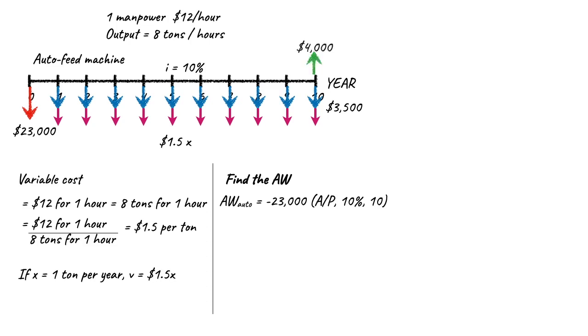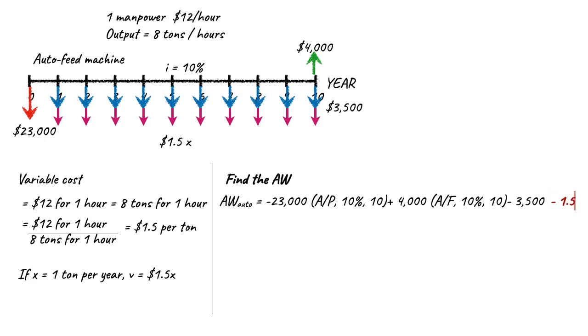If you want to convert the salvage value of $4,000, we have to multiply it using the A/F factor. The interest rate is 10% and the duration is 10 years. Then we have the $3,500 annual series. We don't need to multiply it with any conversion factor because it is already an annual series. And then don't forget the 1.5X. This is our variable cost.